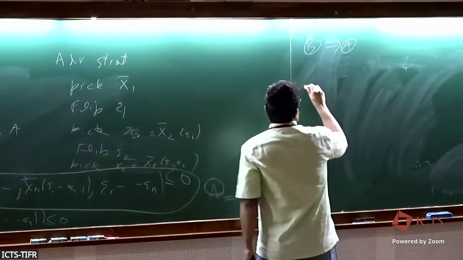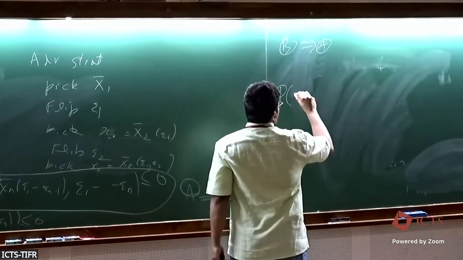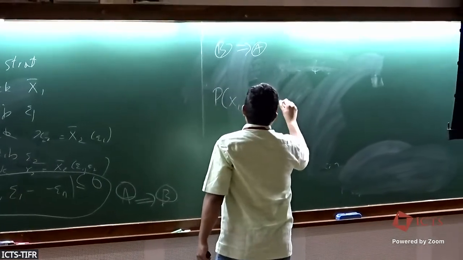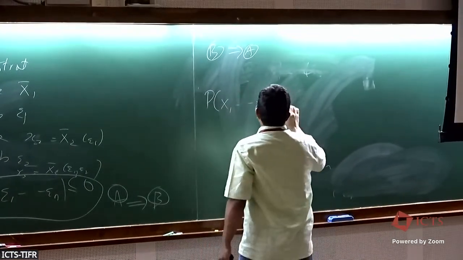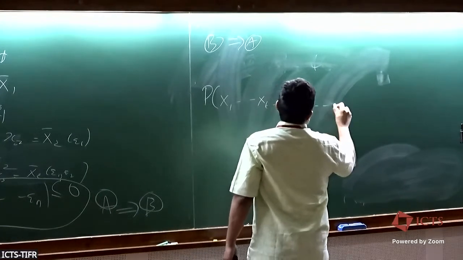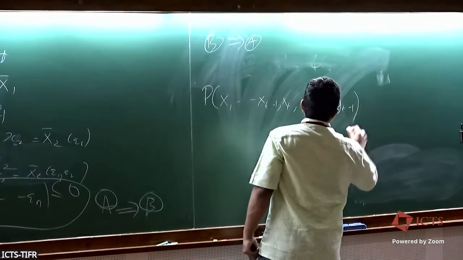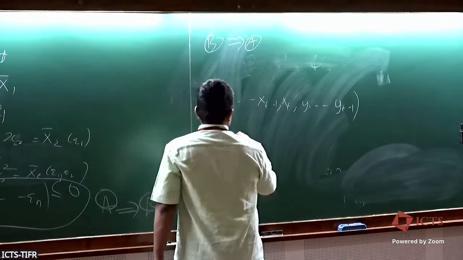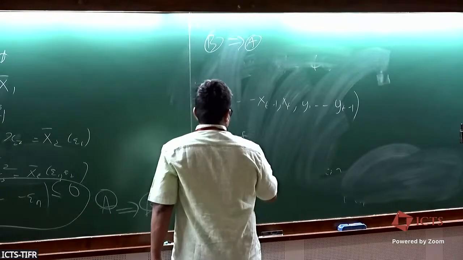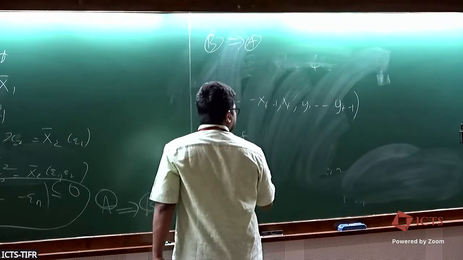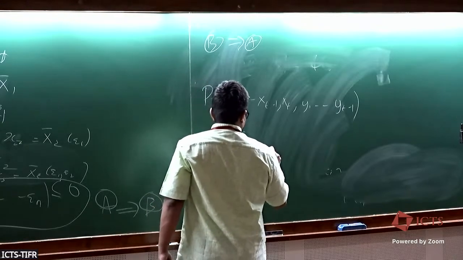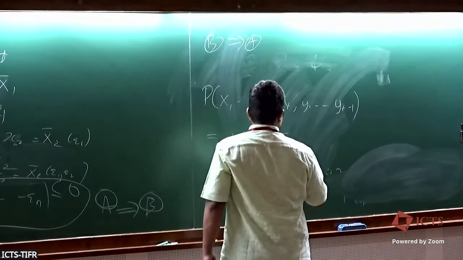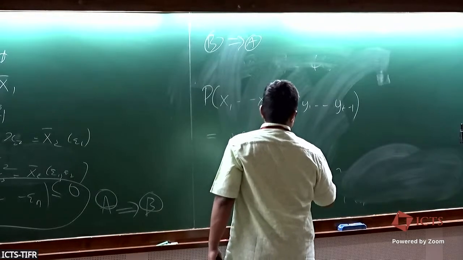Take P of x1 up to xt minus 1, comma xt, comma y1 up to yt minus 1, to be equal to the infimum over x bar t plus 1 up to x bar n, expectation over epsilon t plus 1 up to epsilon n.